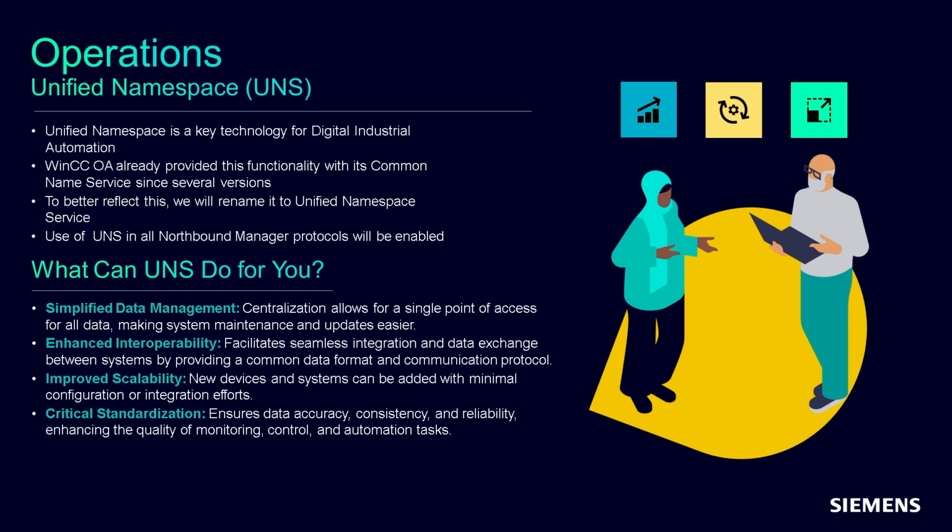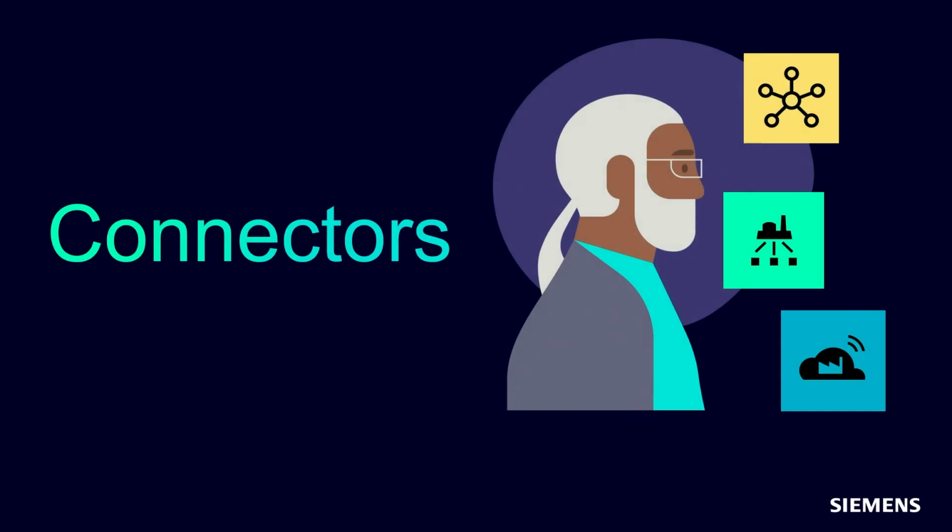And what can unified namespace do for us? So here you have the possibility to use different namespaces on top of your data model and provide, based on this namespace or this naming convention, the data to the outside world using our northbound communication like MQTT or OPC OA, for example.